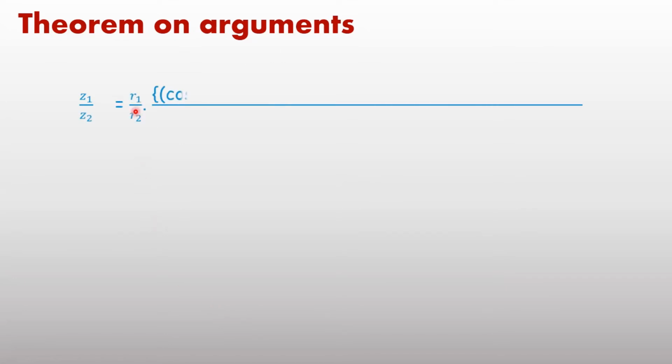as r1 upon r2, numerator cos theta 1 cos theta 2 plus sin theta 1 sin theta 2 plus i (sin theta 1 cos theta 2 minus cos theta 1 sin theta 2), and denominator cos square theta 2 minus i square sin square theta 2. The value of i square is minus 1, therefore plus sin square theta 2.